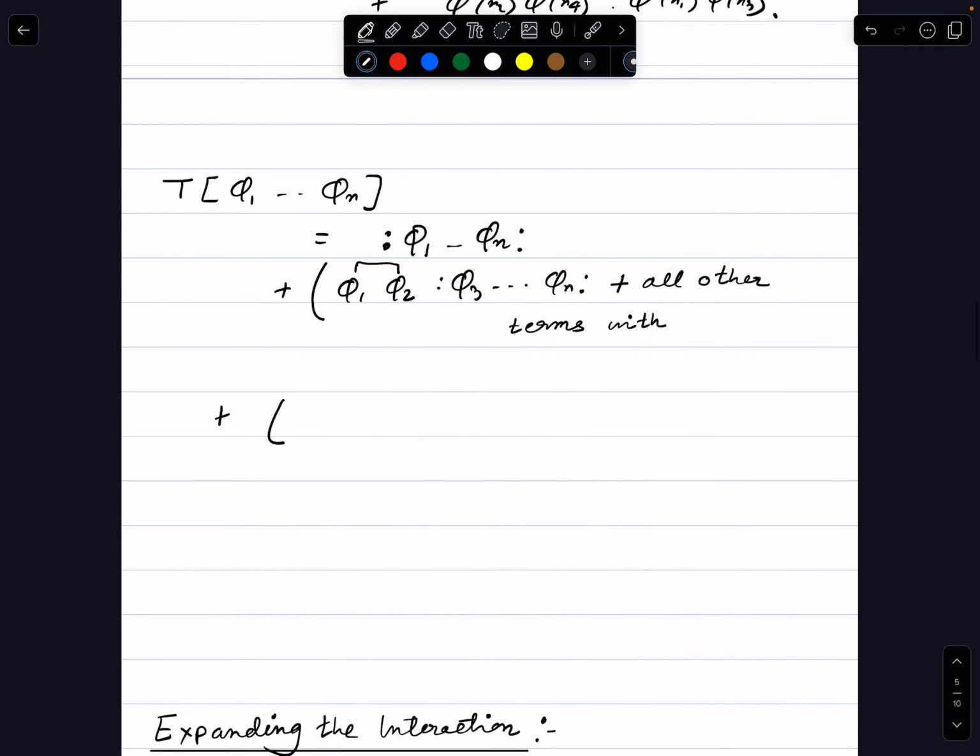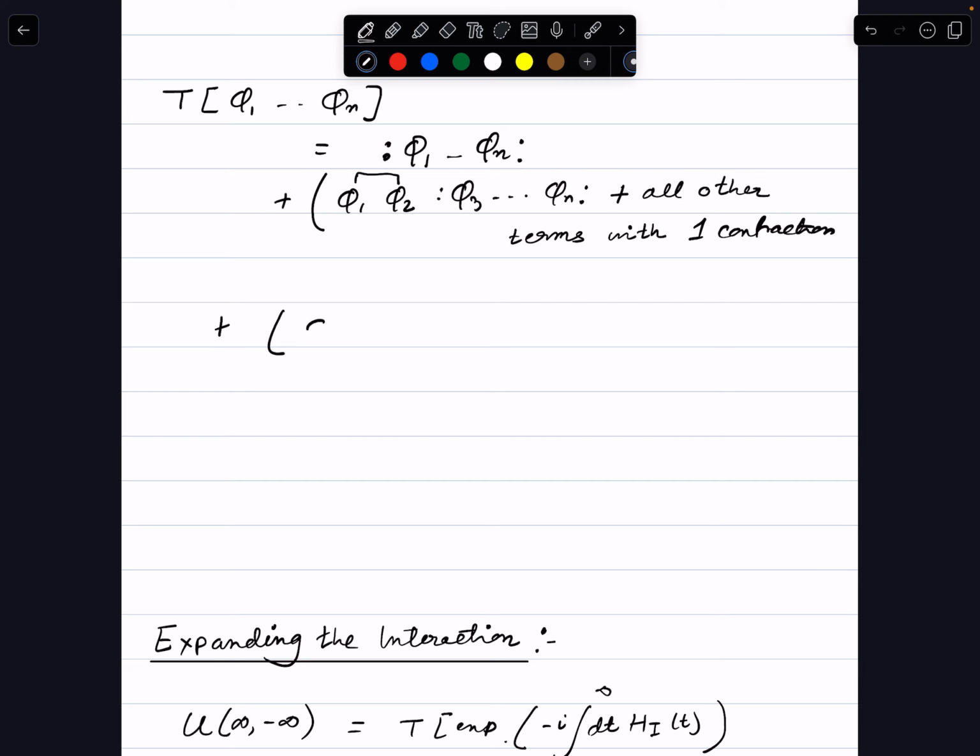The most general thing, time ordering for n operators. First of all, I have n normal ordered, and then the first term will have two of them to be contracted. So phi 1, phi 2 contracted, phi 3 to phi n normal order, and all other terms with one contraction, meaning two of these are contracted.